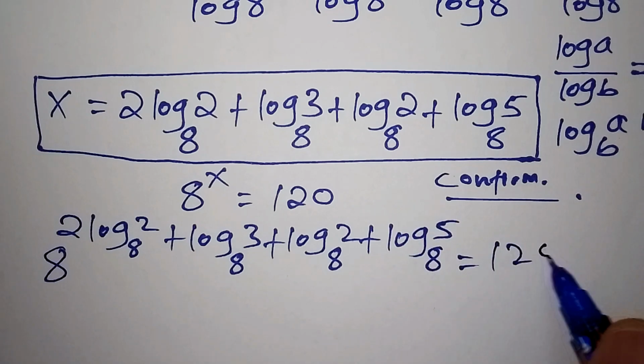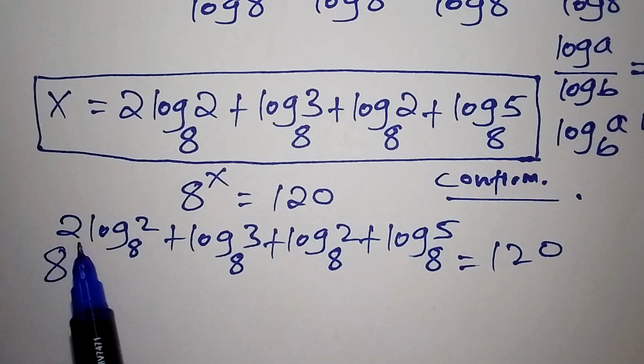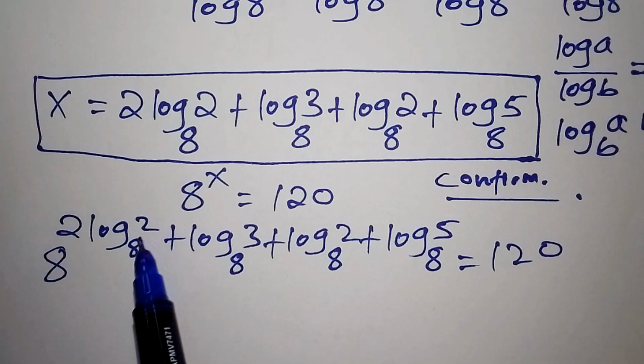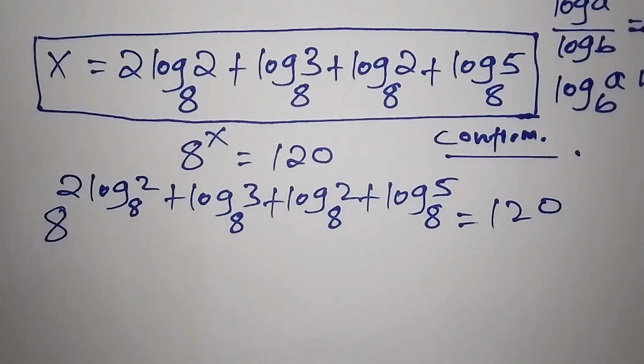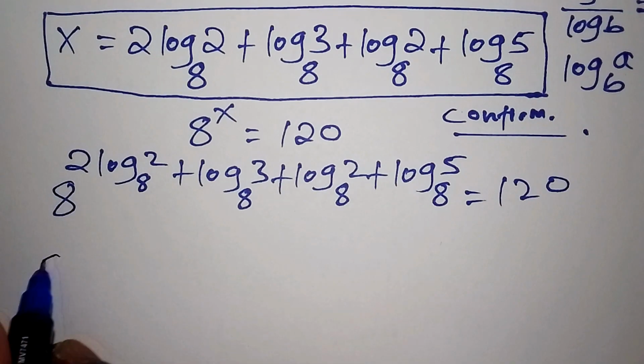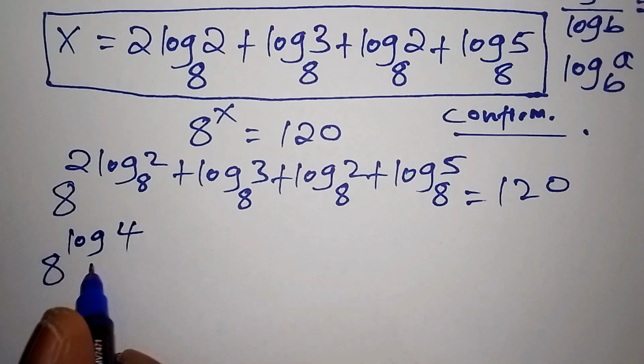is equal to 120. So we can write it properly by now having it as, when you have 8 to the power of 2 log 2, we shall now have it as log 2 to the power of 2, that is log 4 base 8. So let's rewrite it as 8 to the log of 4 to the base of 8.